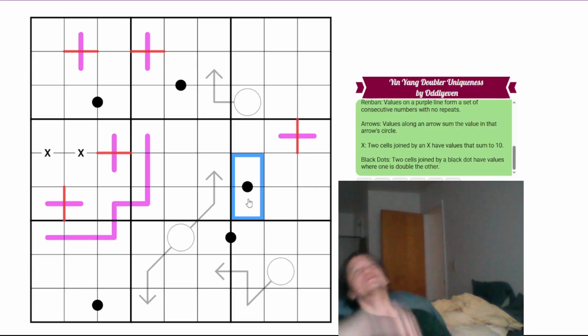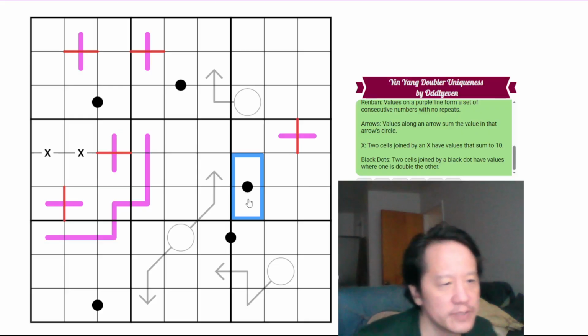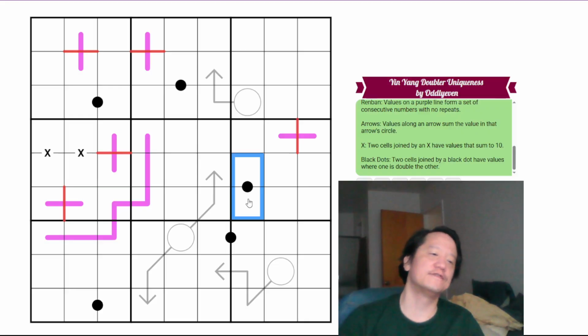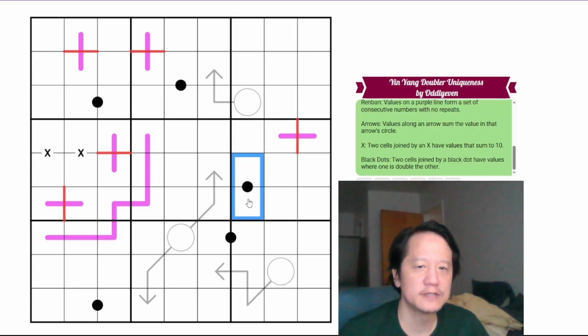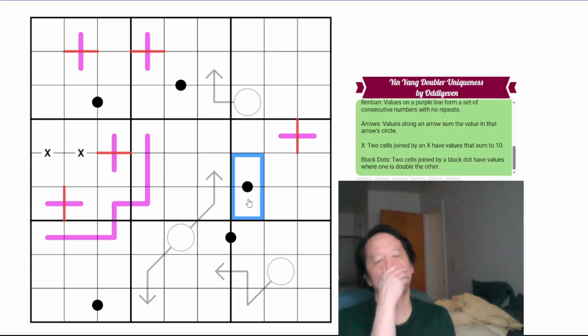Oh, that's not true. You could have, say, something like 5 unshaded to 9, right? Right, so that's going to be a little problematic.